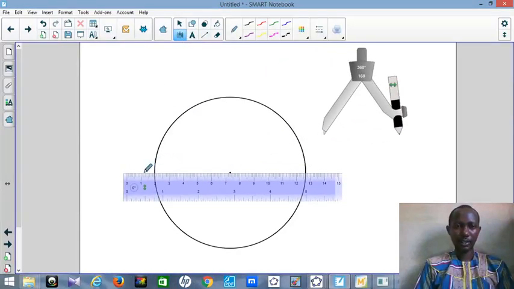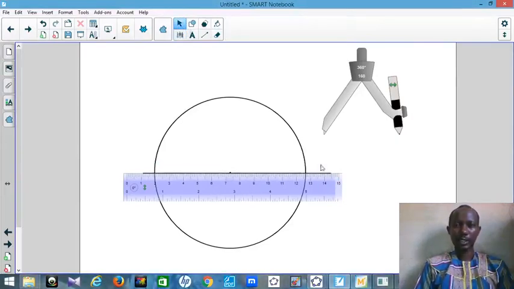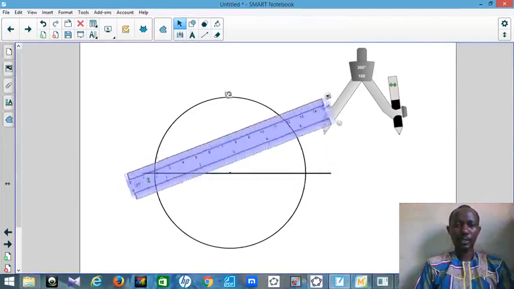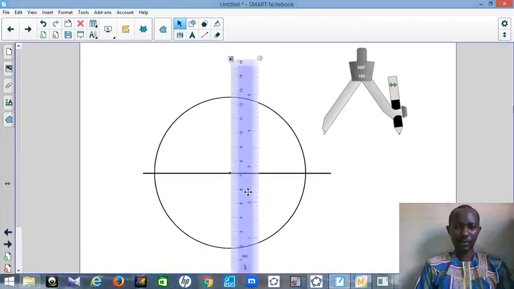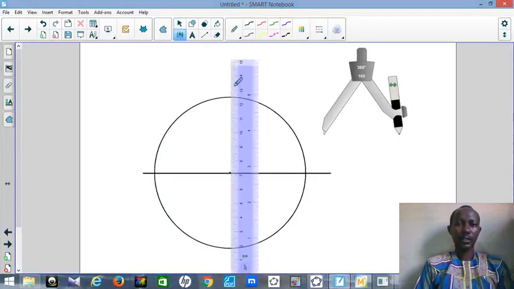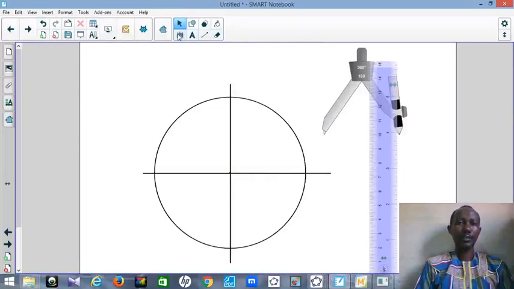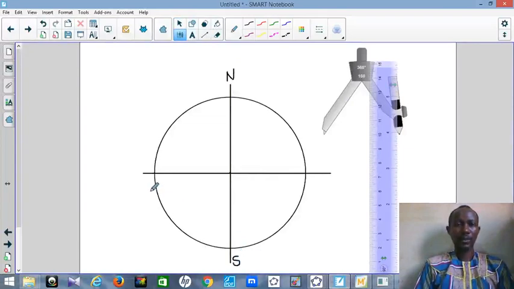Then draw your line to represent the equator. Then draw your vertical line for your north and south. That is all. Then you label your north, south, your west, and your east.